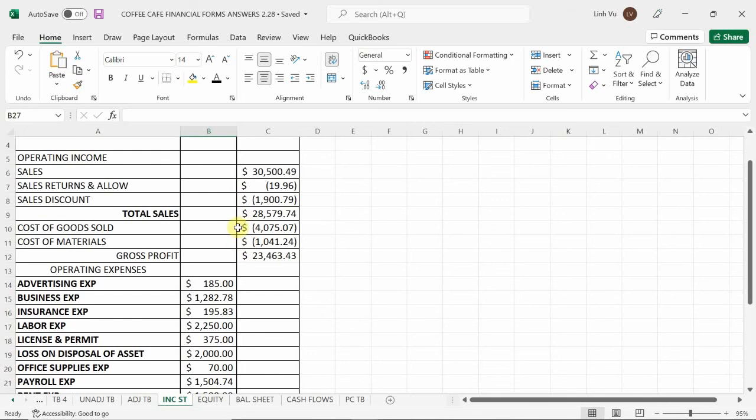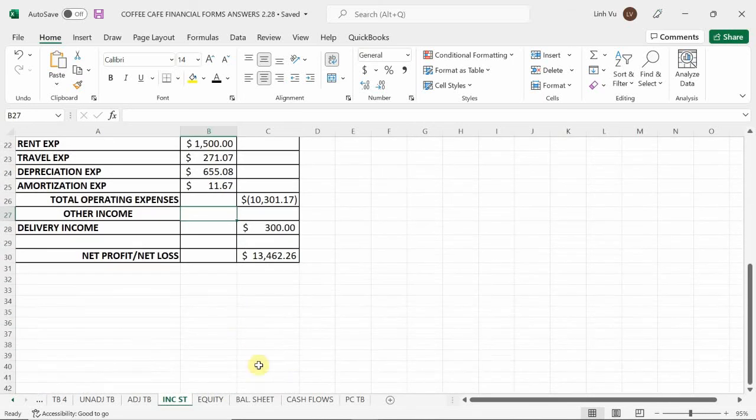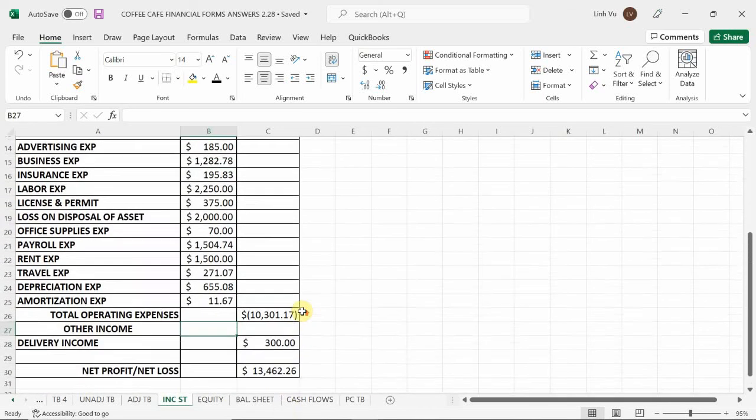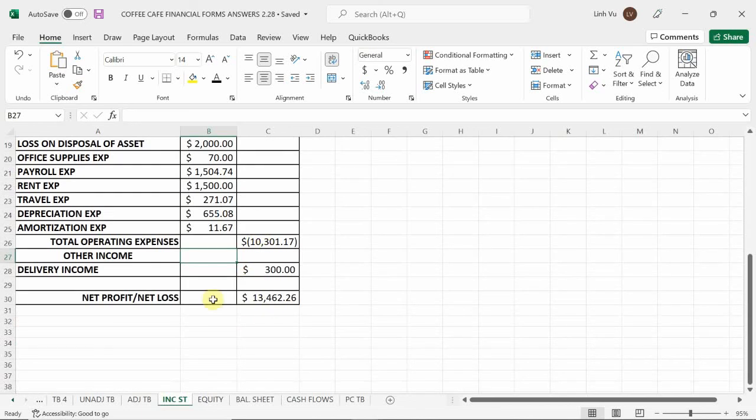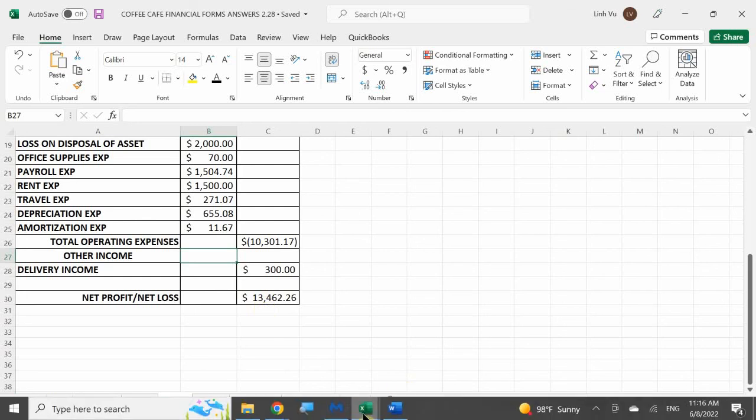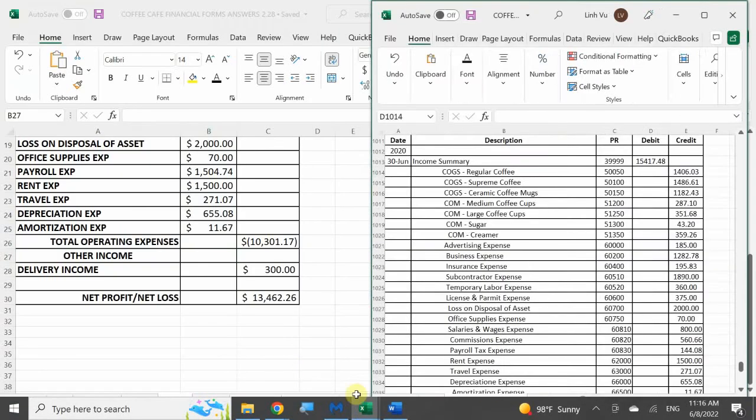So these are included into that. So yes, good. So you can double check and confirm with your income statement, but right now, the main goal is, did your income summary end up at 13,462? Well, I don't know. Let's go ahead and double confirm that.